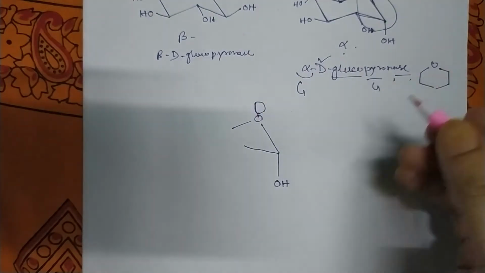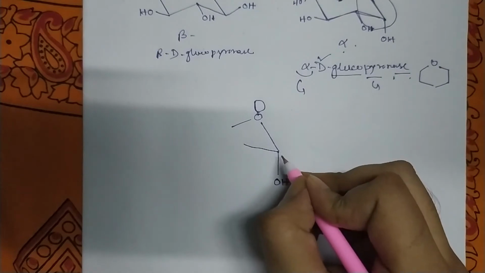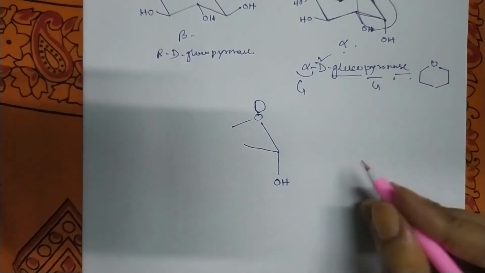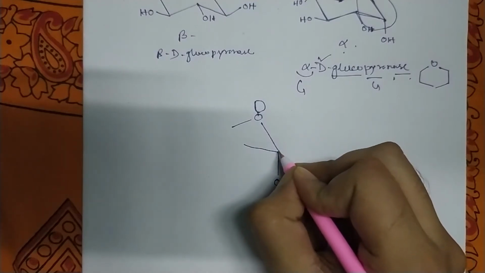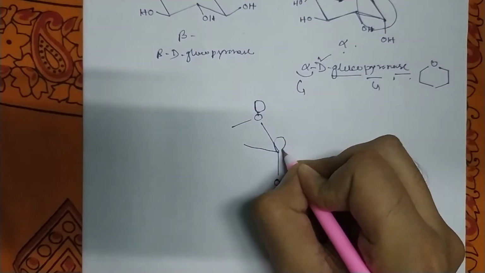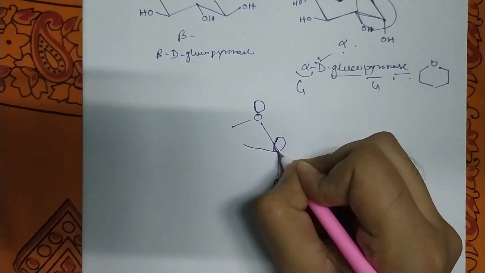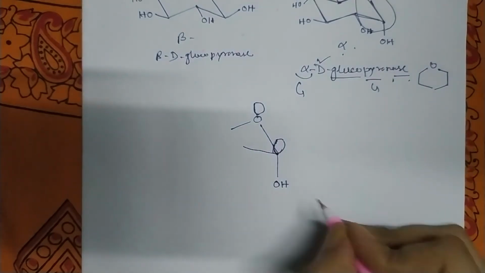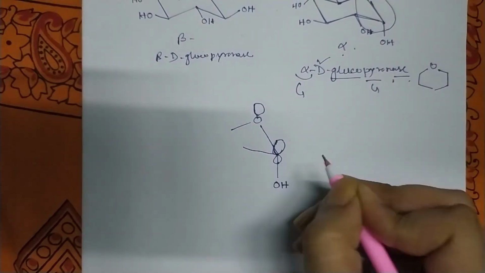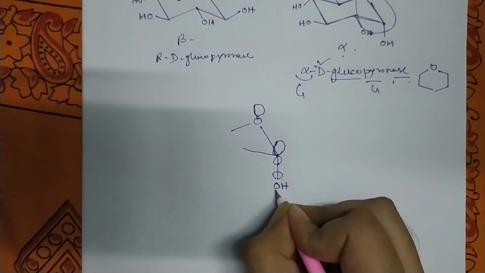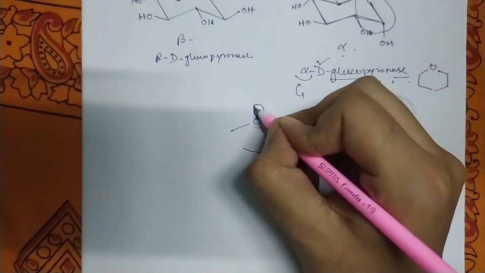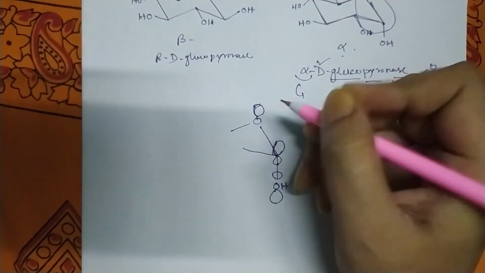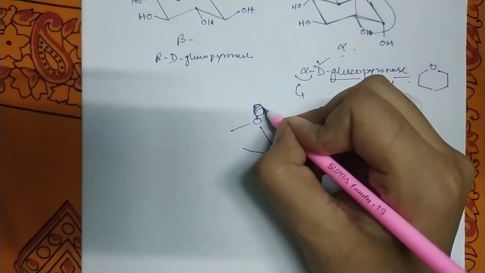So there will be electrons, and for this axial bond there is a sigma star. If it remains at the axial position, how will the sigma star be oriented? It will be oriented like this.